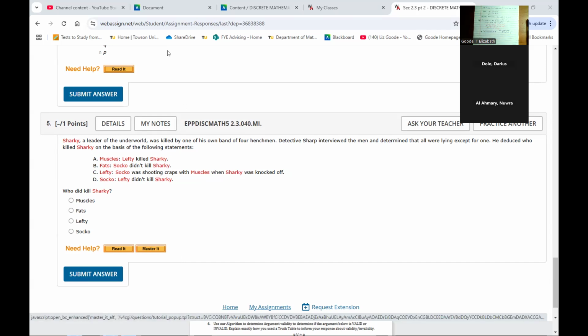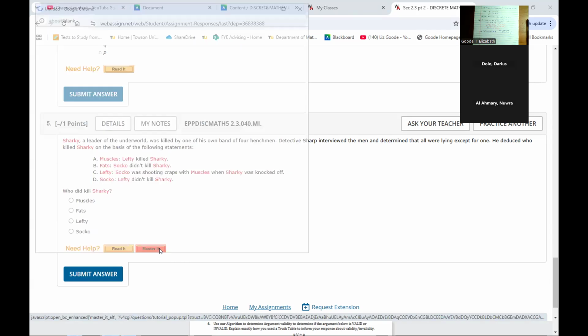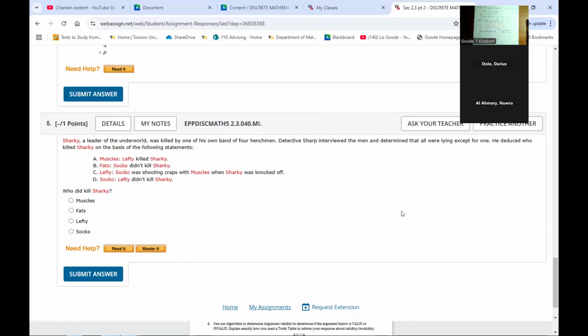I will just say if I'd tackled this without the benefit of this feature called Master It, where you can get some help, I would read these and I would start looking for statements that contradicted each other. And then I would know that one or the other of those two people was the person telling the truth, because one of them would have to be lying.